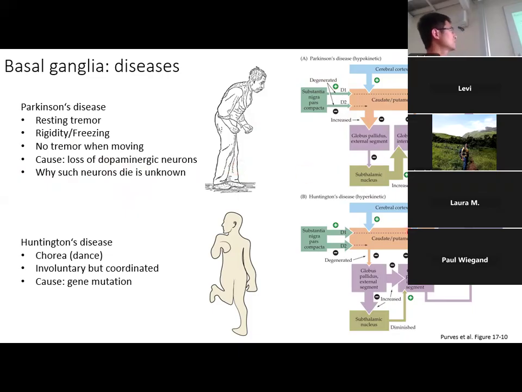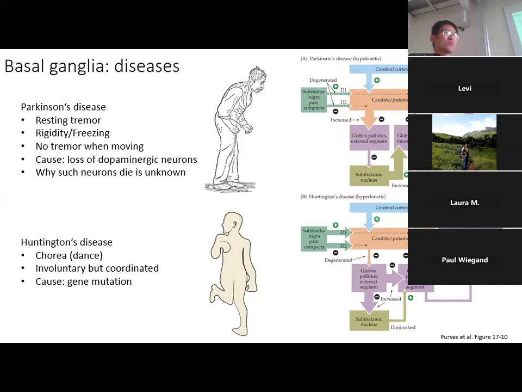Then the opposite is called Huntington's disease. In contrast to the decrease, this loop is increased and here it is decreased. So the net effect in Huntington's disease is less inhibition, which means more excitation to the cortex, and that results in more movement.